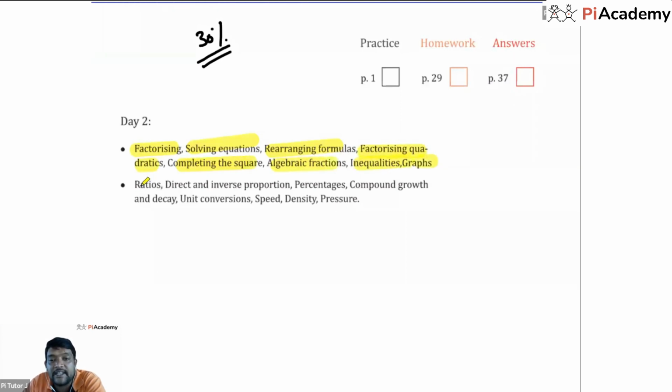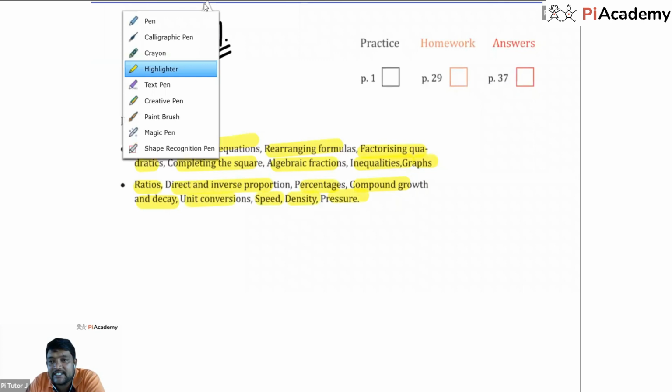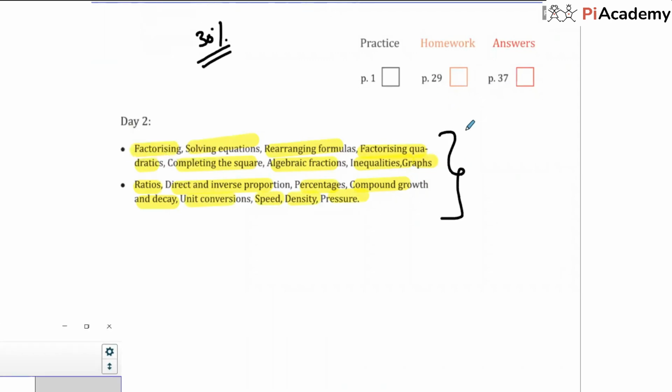And then we're also going to do ratios and proportions, direct and inverse proportion, percentages, compound growth and decay, unit conversion, speed, density, pressure. We're going to do all these topics today. Some of you might find it very easy and some of you might find it difficult, but we'll try to do all these questions.